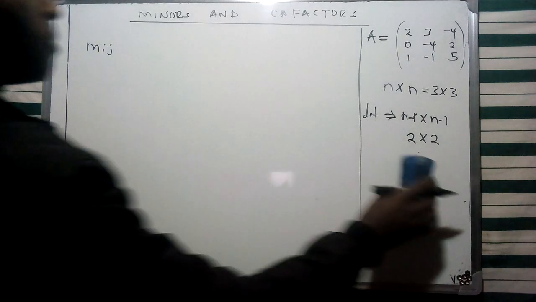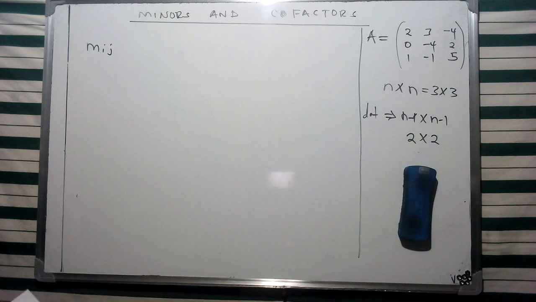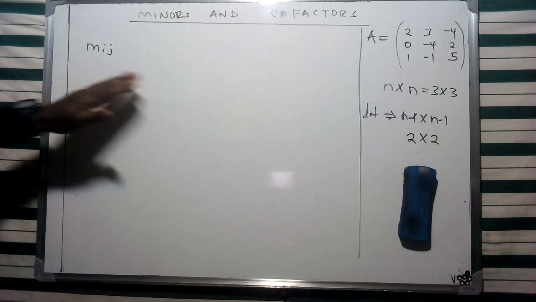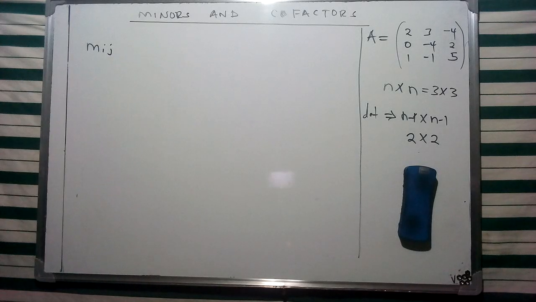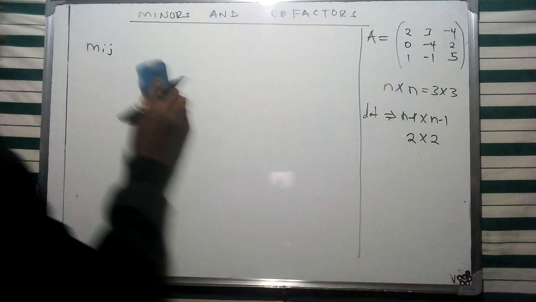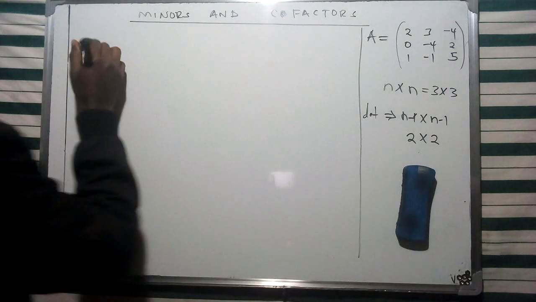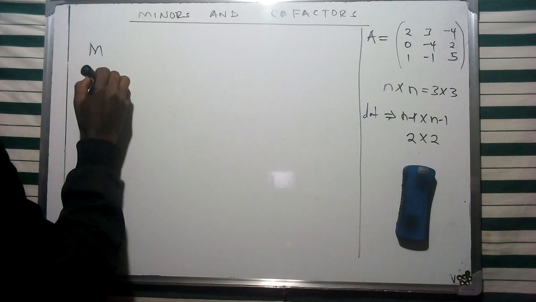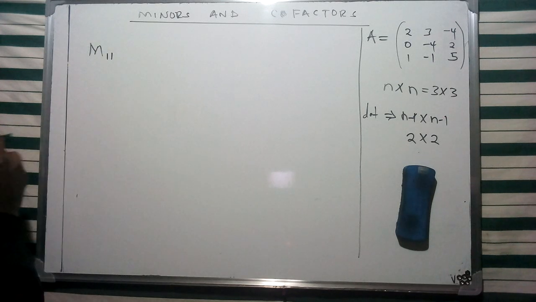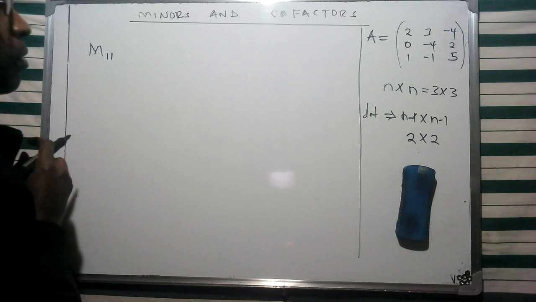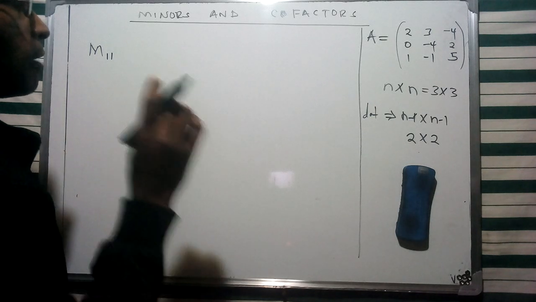So from a specific definition, if we're given this matrix A and required to find the minors, we are going to take these specific elements of i and j. In this case, i and j represent numerical values for the row and the column.